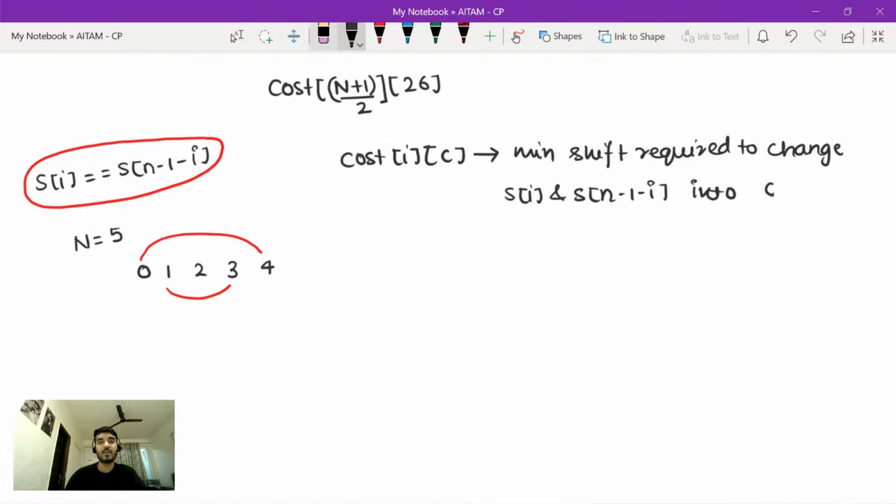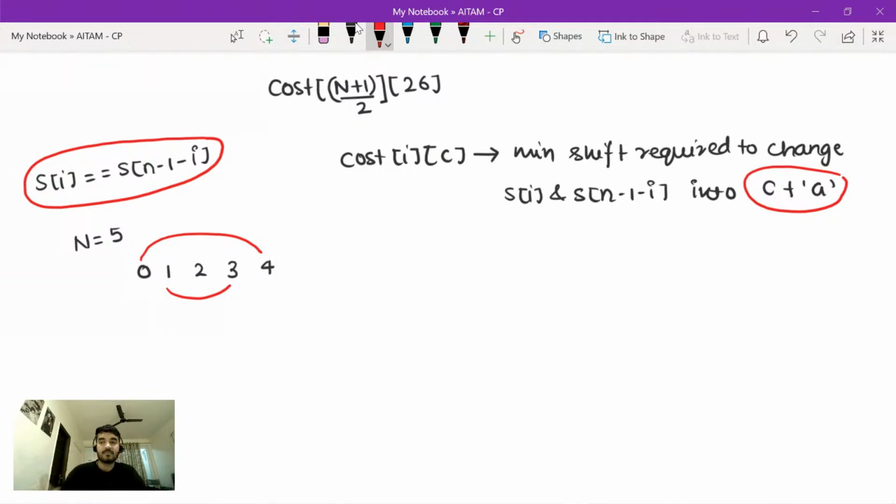So c plus a, because this c is an integer. So c plus a, the minimum number of shifts required to change s of i and s of n minus i both into c plus a.